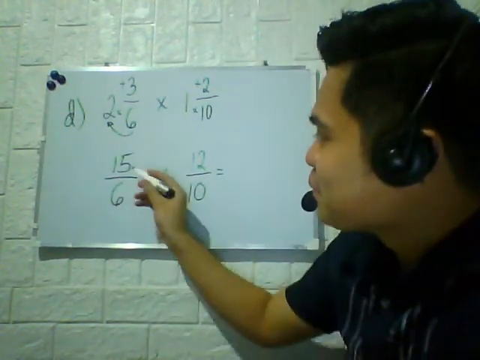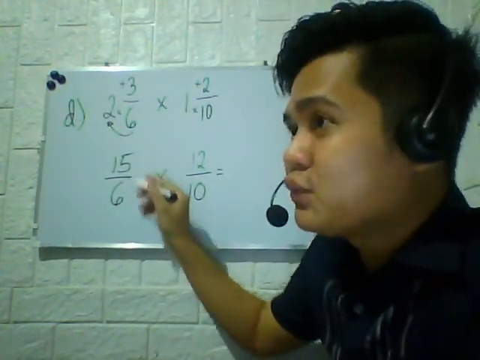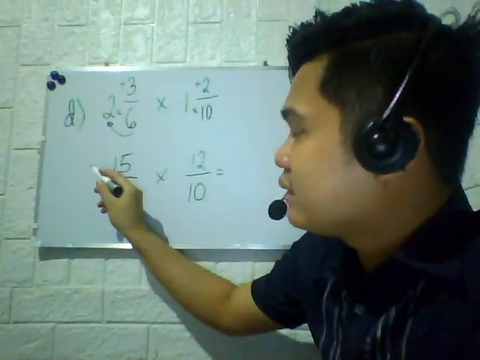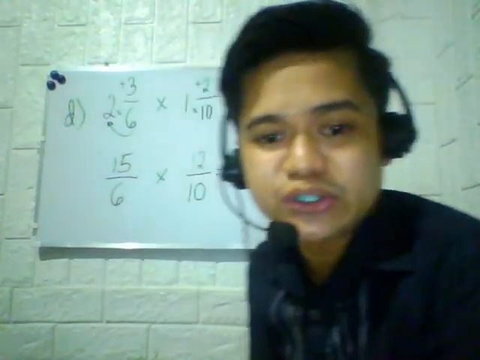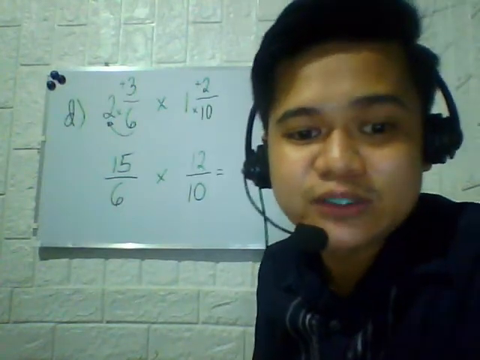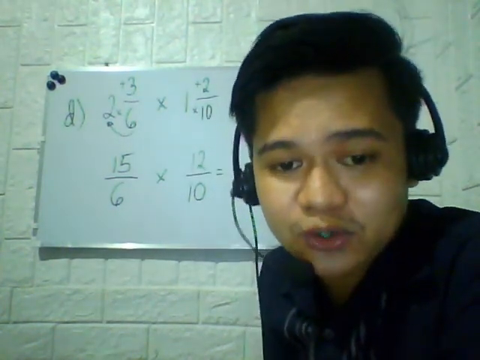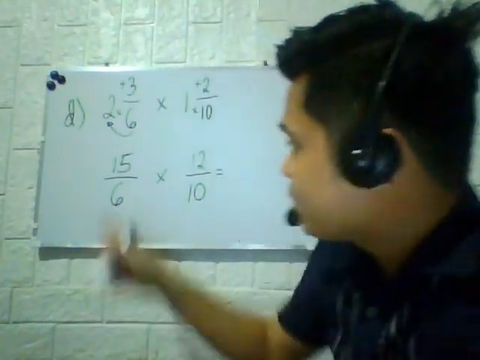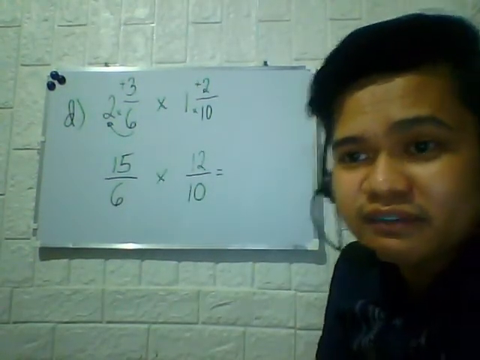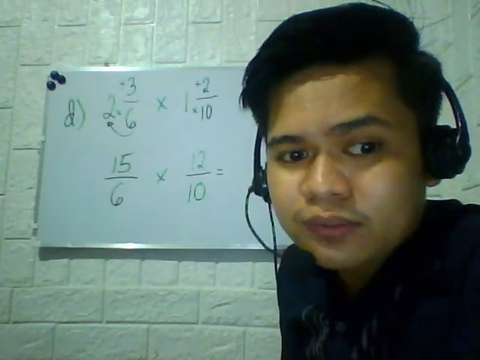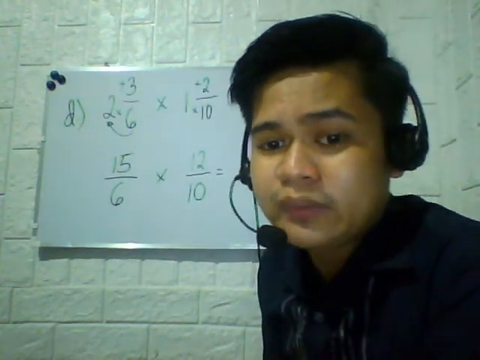Biro lang. Pwede mong i-simplify si 15 with 6 kasi it agrees to our condition naman, eh. Na as long as yung isa numerator, yung isa denominator, we can simplify them together. Pero kung gusto mo, i-divide si 15 sa 10, i-simplify together si 15 with 10, wala naman din problema doon. Sige, yun ang gawin na lang natin.